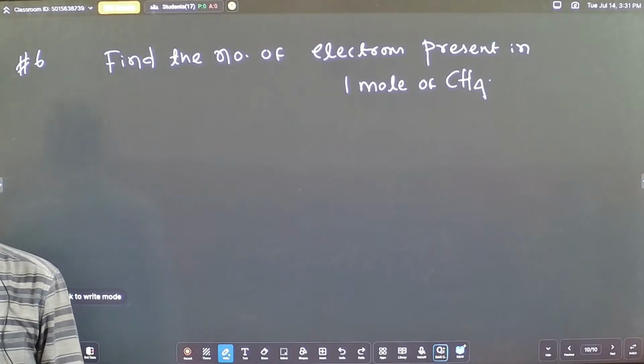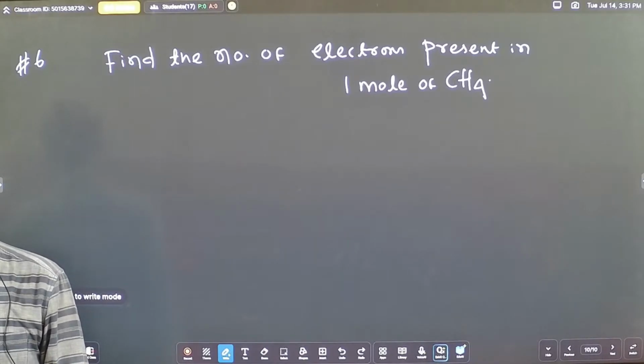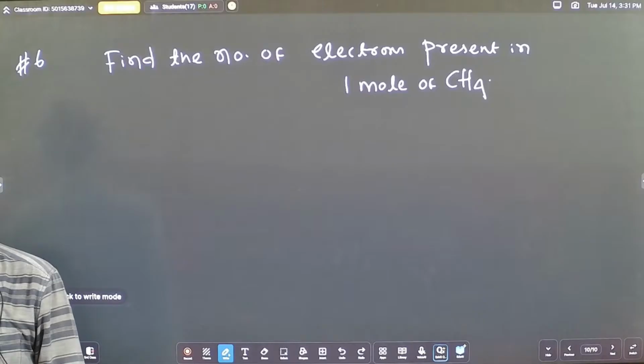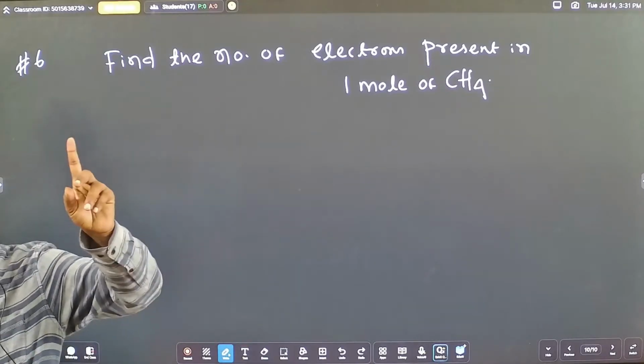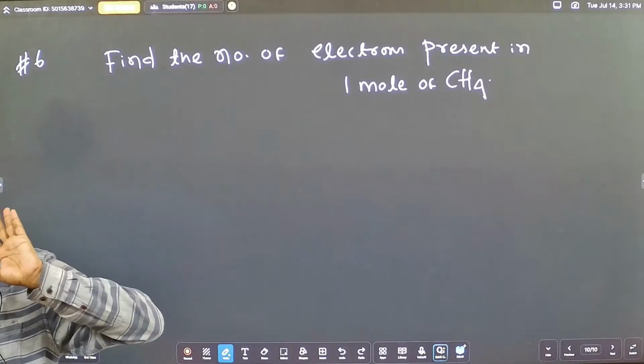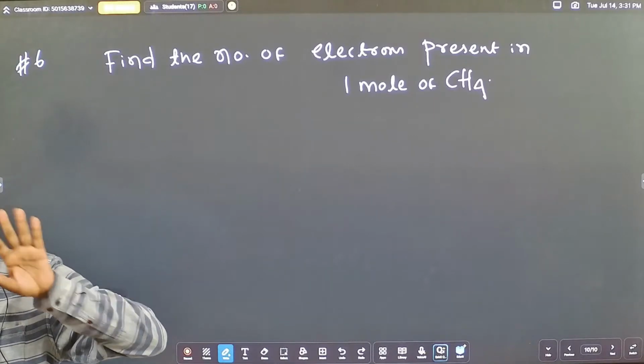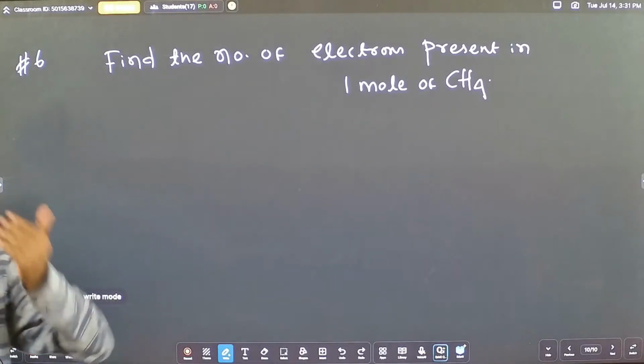Electrons I am asking. So 1 mole of methane has how many molecules, according to the mole concept? Mole concept point number 1. Na number of molecules, 6.022 into 10 to the power 23.